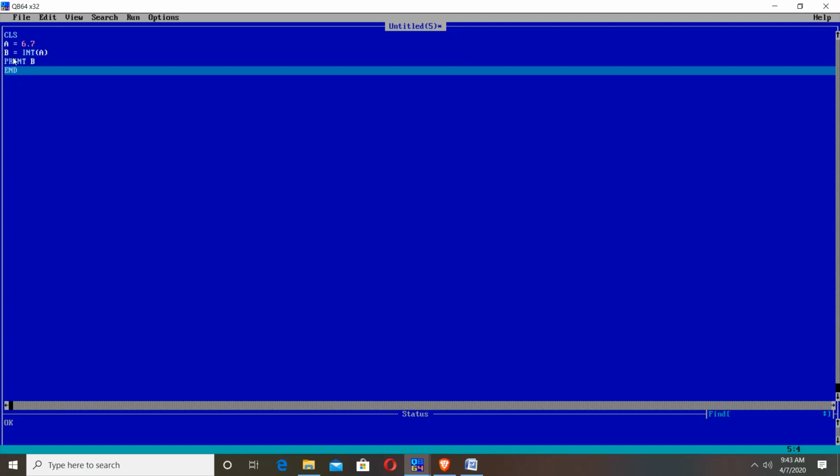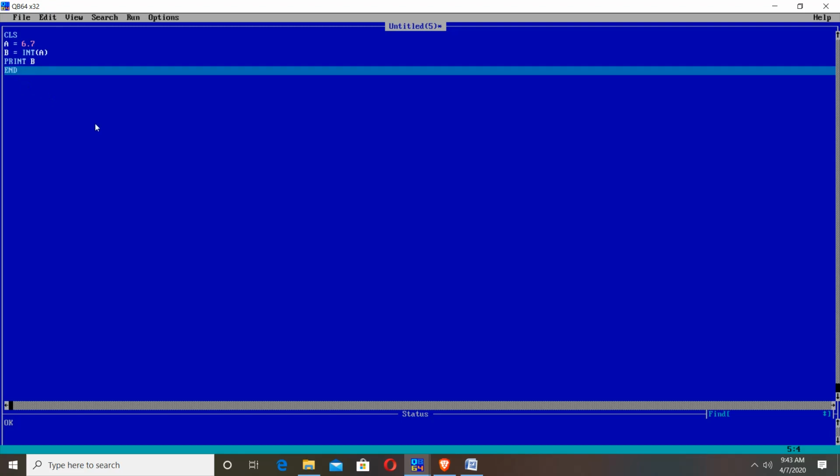But in this program, we don't have to use any $ sign in B, because it is just retrieving the number from the given number. So B is equal to INT(A). Now we have stored the integer value of A in B. Now that should be printed. So print B, and finally we end the program.